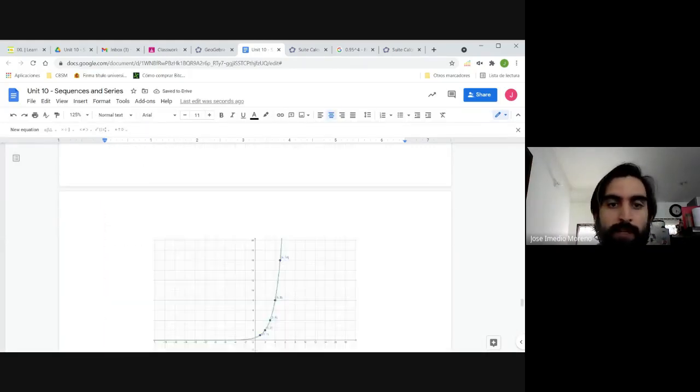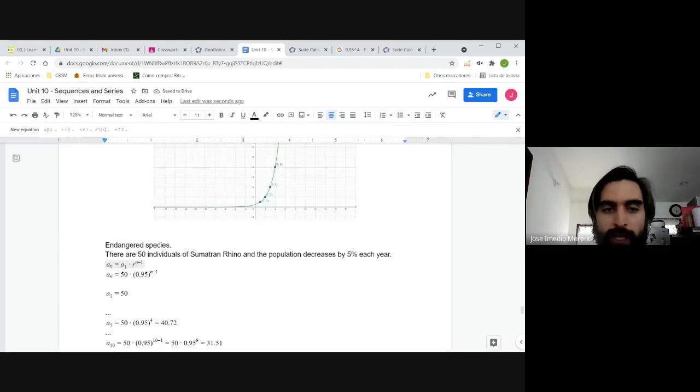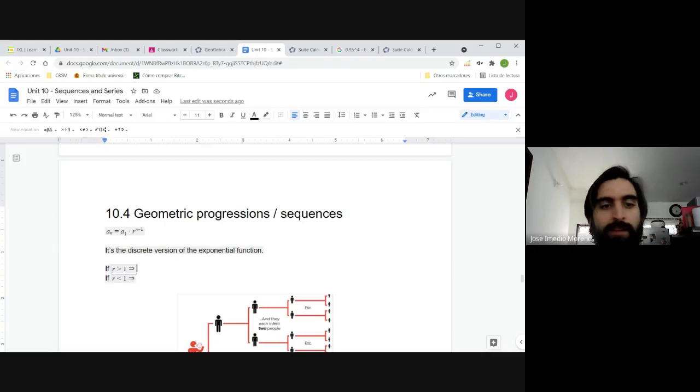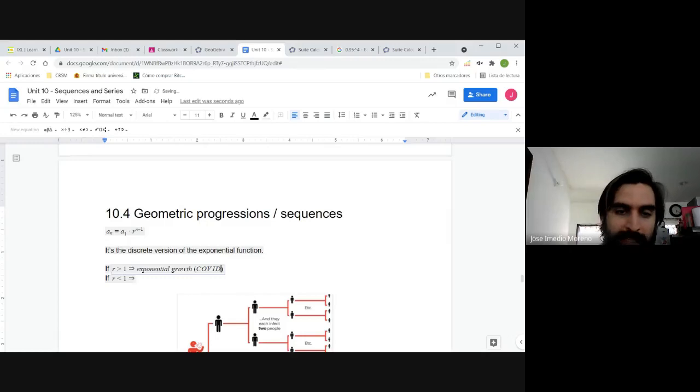Okay, so once we know this, that's what I wrote here at the beginning and I erased. If R, the ratio, is higher than 1, we have a case of exponential growth, which is the case of the COVID-19 spread.